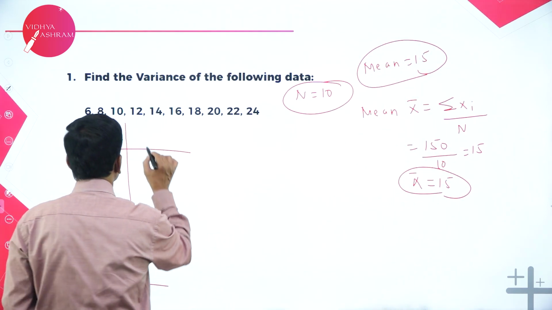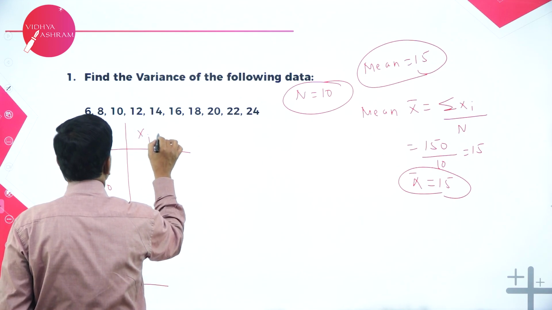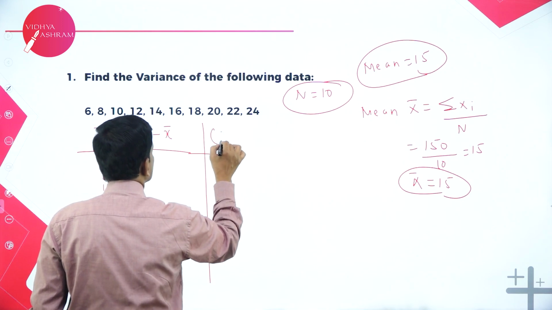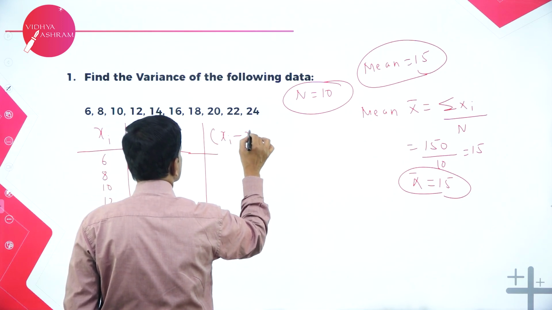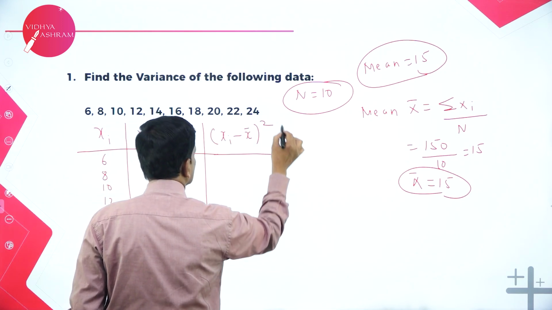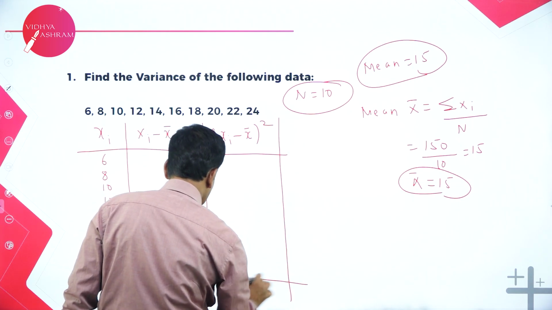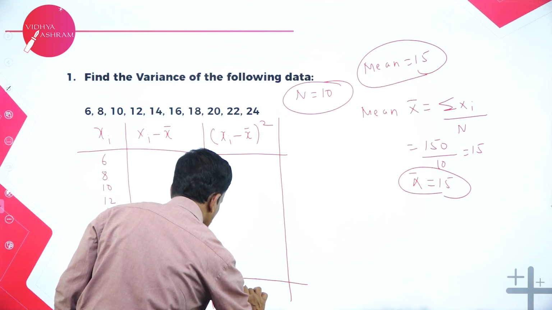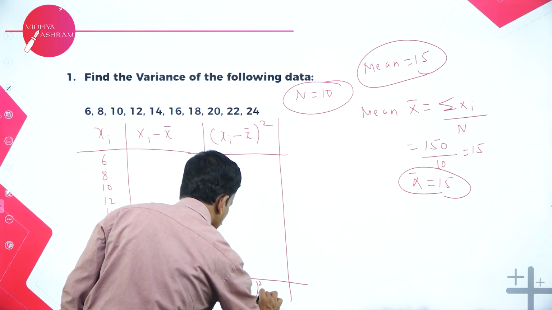Now first find out xi minus x bar, then xi minus x bar whole square.